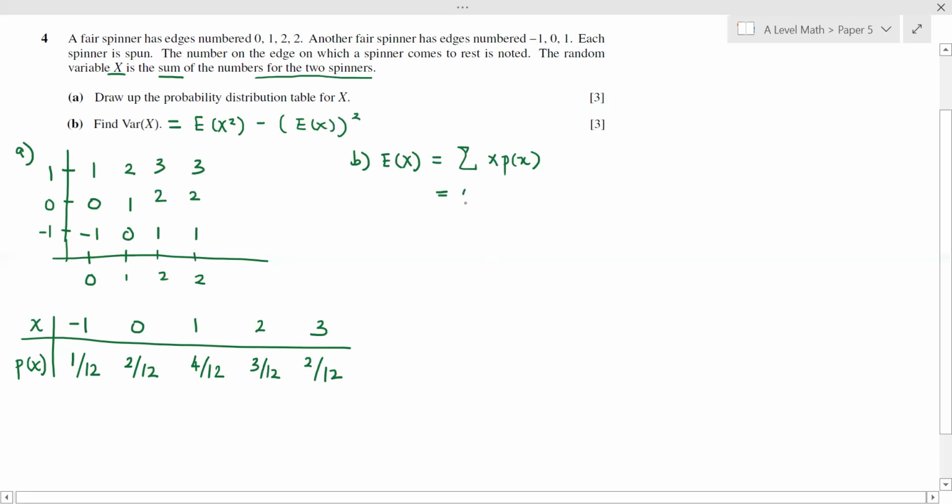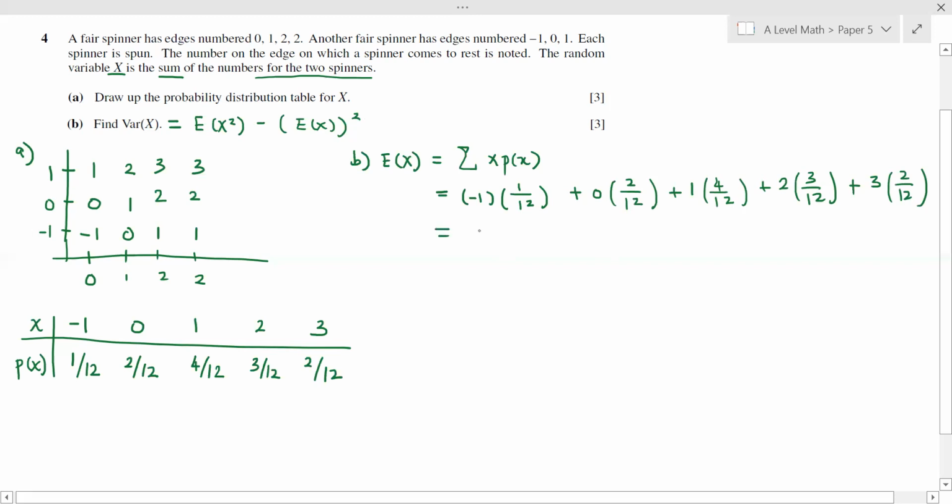So we have -1 multiplied by 1 over 12 plus 0 times 2 out of 12 plus 1 times 4 out of 12 plus 2 times 3 out of 12. And then we have 3 and 2 out of 12.